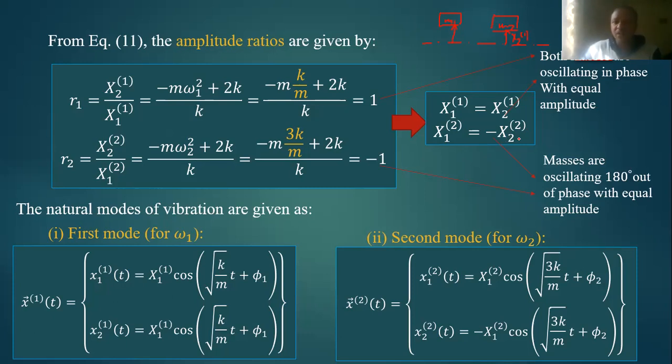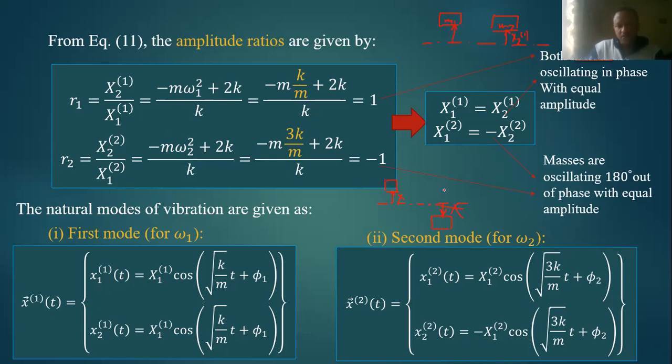That means when one of the masses is above the equilibrium position with some amplitude x, the other mass is also in the opposite direction with the same amplitude x.